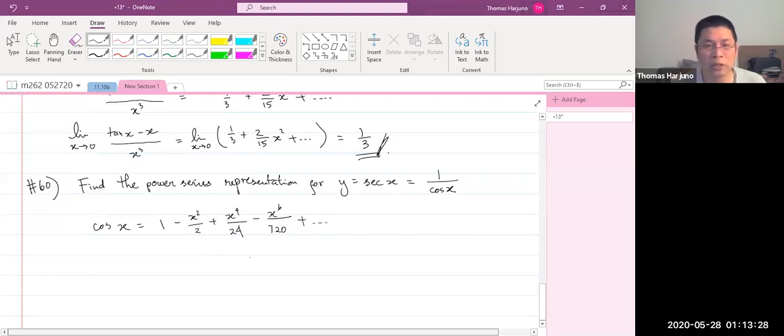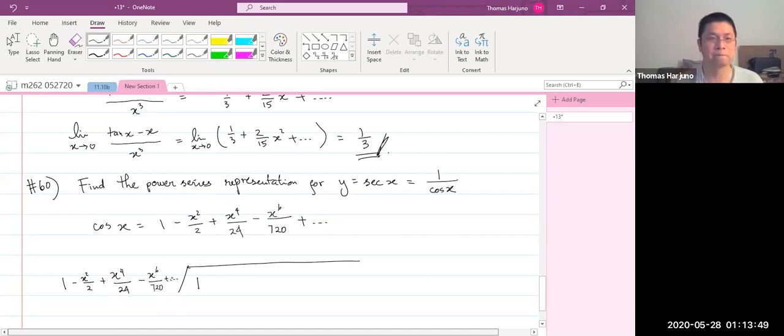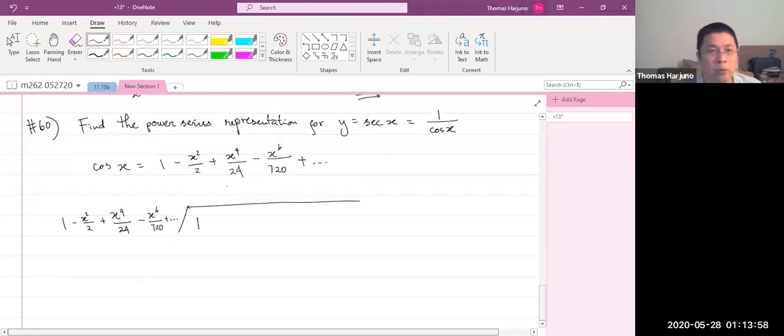So secant x is basically this quotient: 1 divided by 1 minus x squared over 2 plus x to the 4 over 24 minus x to the 6 over 720 and on. One times 1 gives me 1.